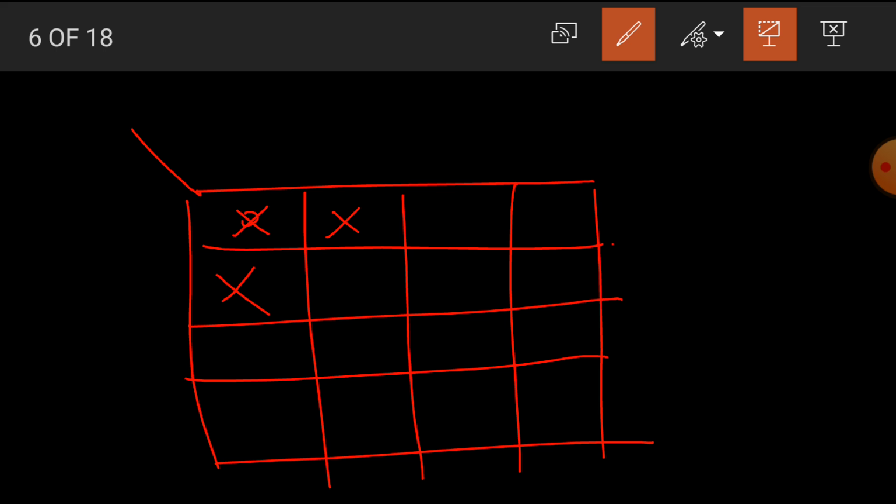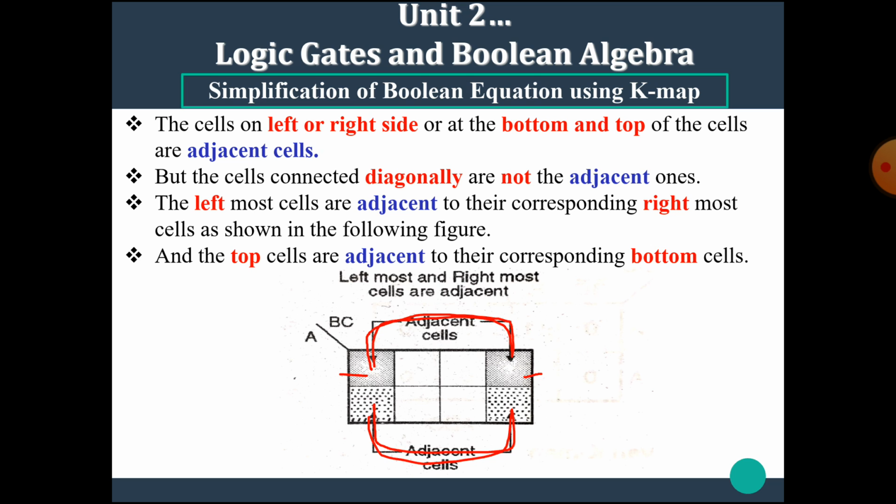We can also say that this cell is neighbor with this cell, or adjacent with this cell. I hope you all understand now the concept of the neighboring or the adjacent cell.